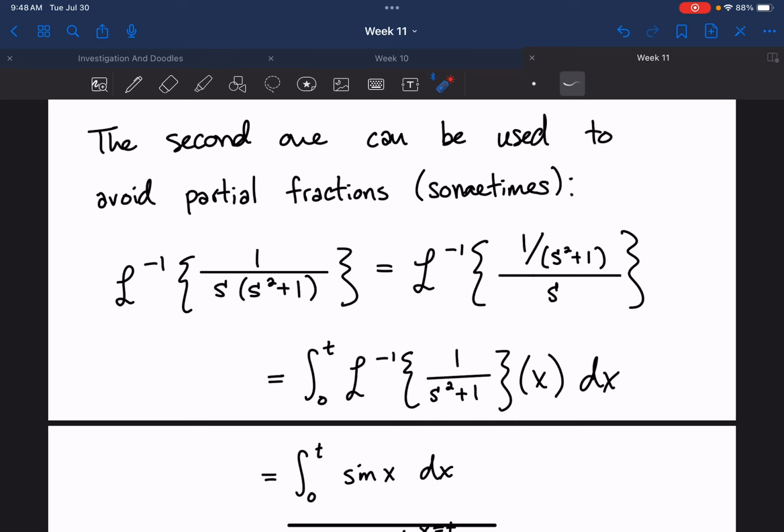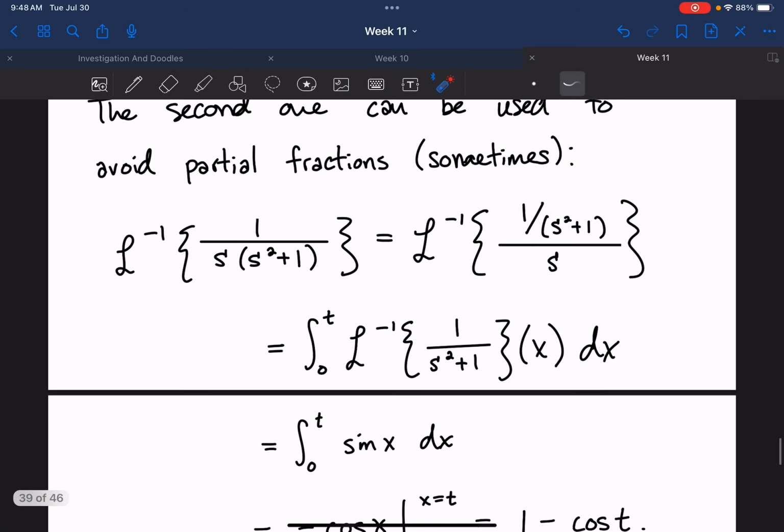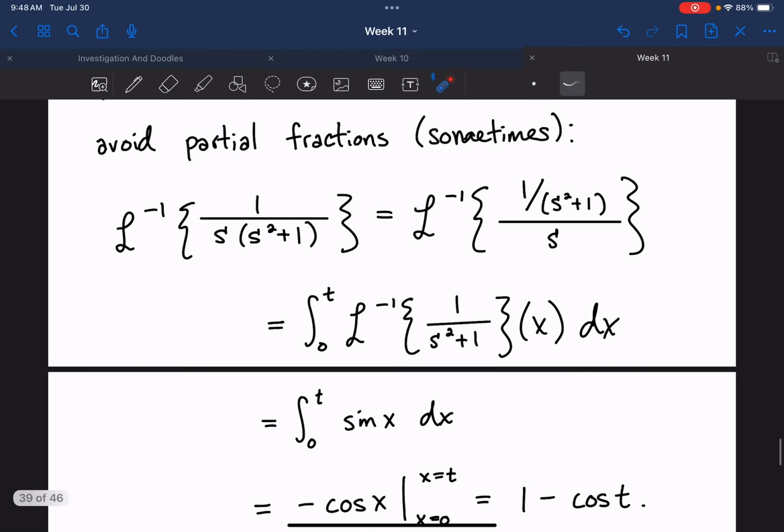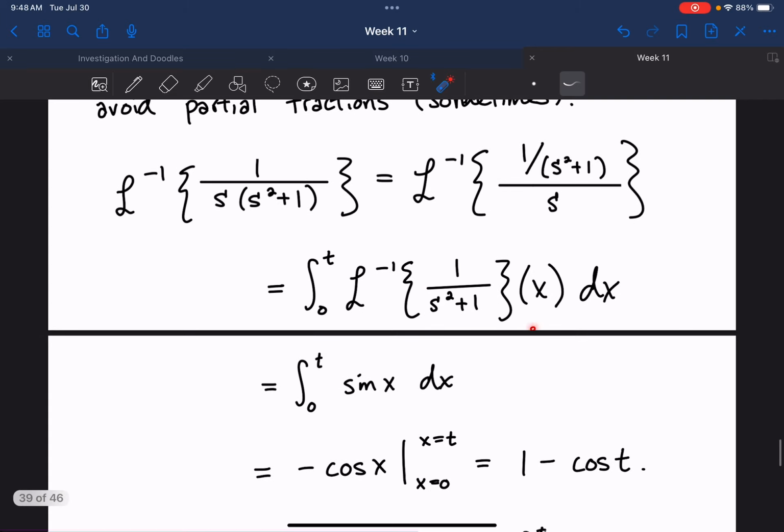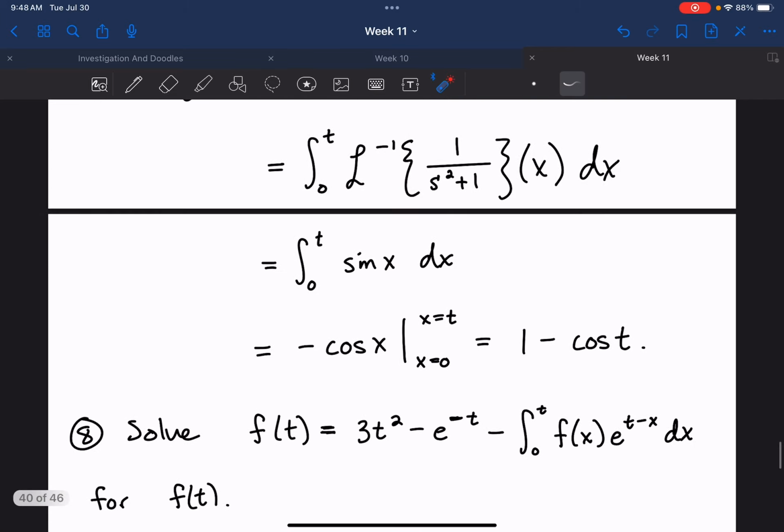So this becomes the integral from 0 to t of the inverse Laplace transform of this as a function of x, dx. We know that this is sine x, and the integral of sine is negative cosine. Plug in 0, plug in t, and you get 1 minus cosine t.